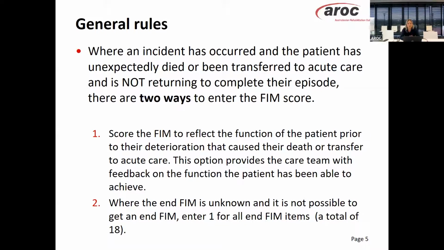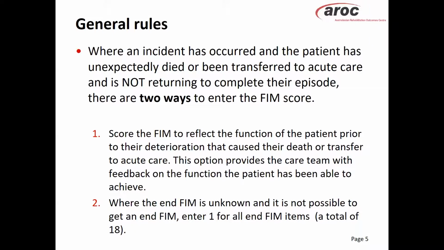So there are 2 ways to score the end-FIM if a patient dies or if they're transferred back to acute care. The first way is to score the FIM to reflect the function of the patient prior to their death or their transfer to acute care. The second is to enter 1 for all the end-FIM items, coming to a total of 18.